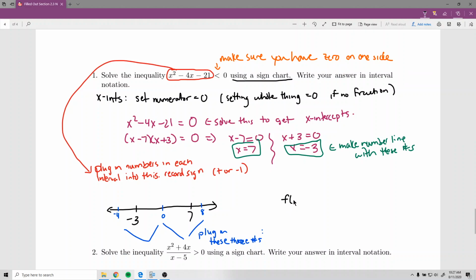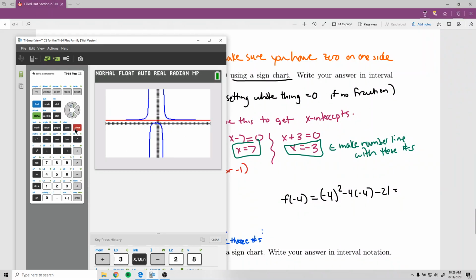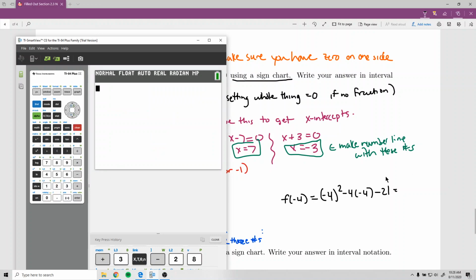We got f of negative 4. We got negative 4 squared minus 4 times negative 4 minus 21. You can get the exact number, or you can just remember what sign it is, positive or negative, because that's all that matters.